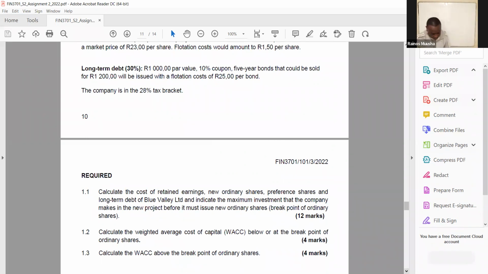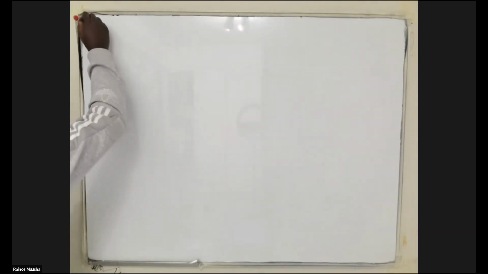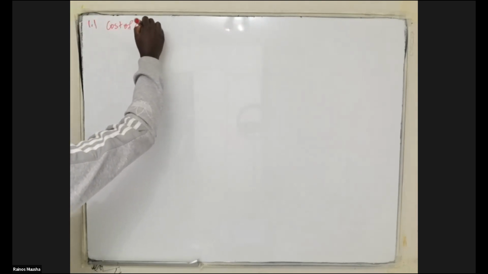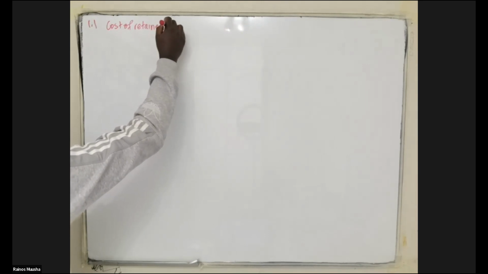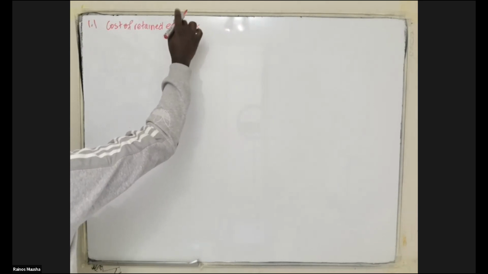To answer this question, we are going to refer to the formula for calculating the cost. The first cost that we're going to be looking at is the cost of retained earnings.